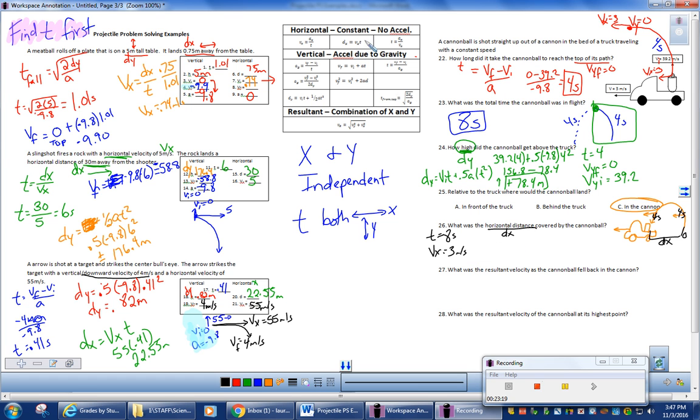So to find my horizontal distance, I'm doing velocity times time. Horizontal distance is the horizontal velocity times the time. 3 times 8 will give me my horizontal distance. Try it out. Should come up with 24 meters.